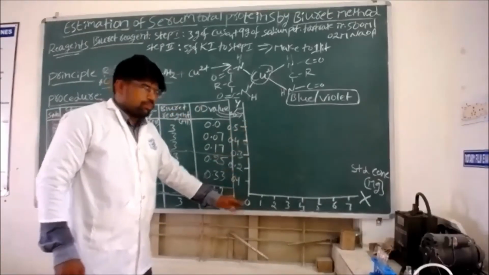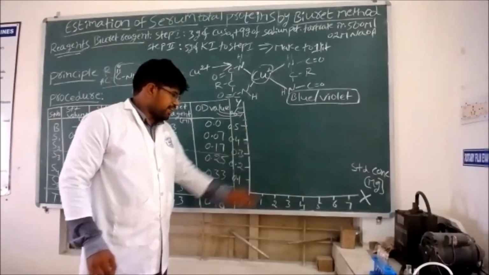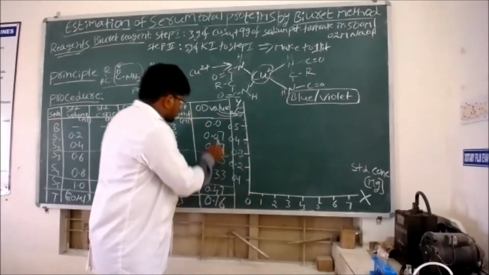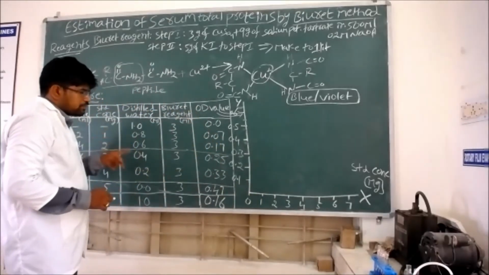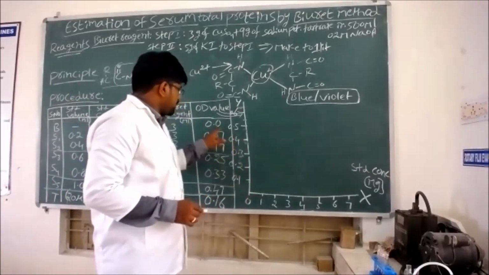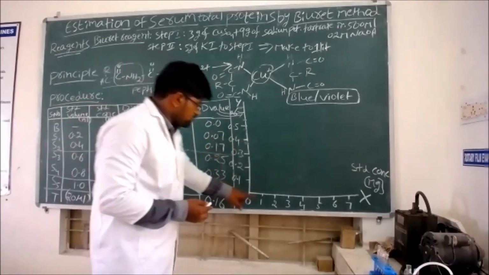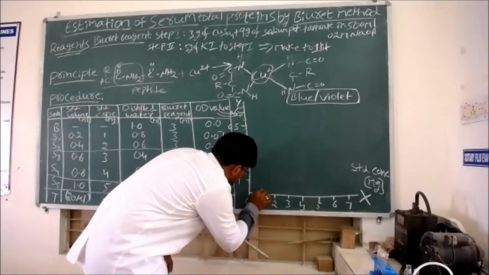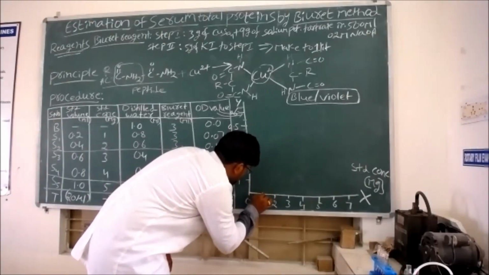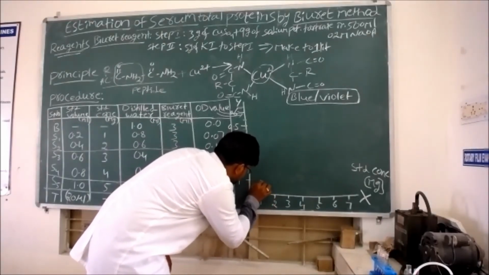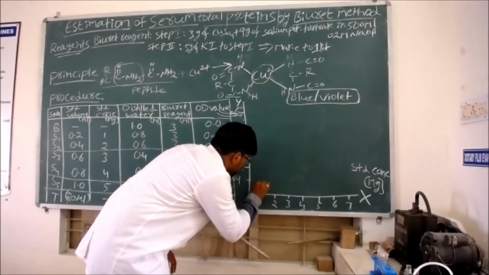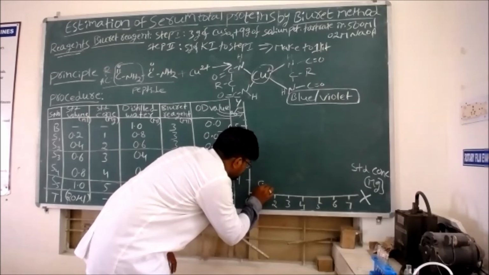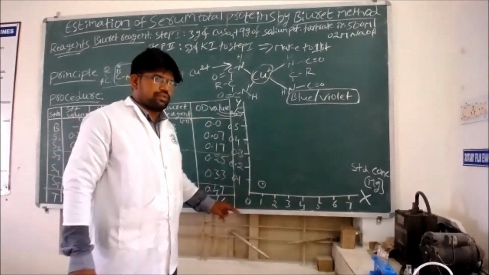Now draw the points and tie a straight line. First, S1: the concentration is 1 mg and the reading is 0.07. So you make the point on the graph paper. Around here we will get 0.07.